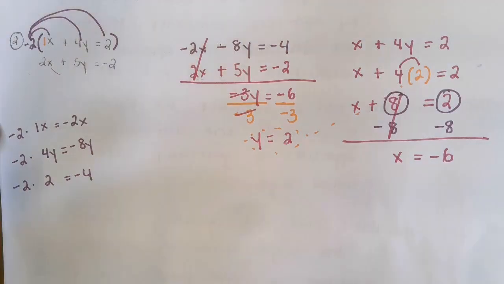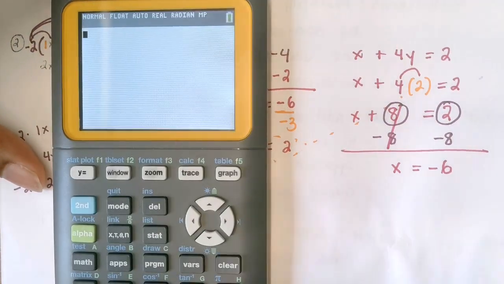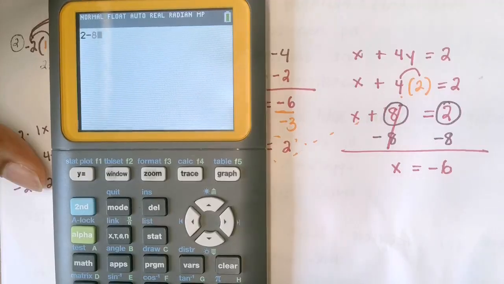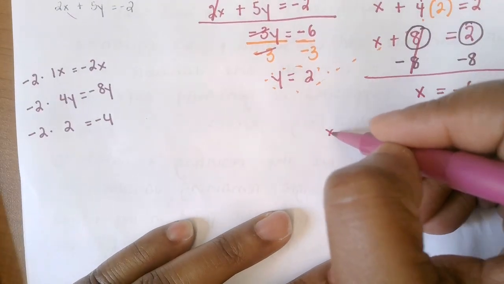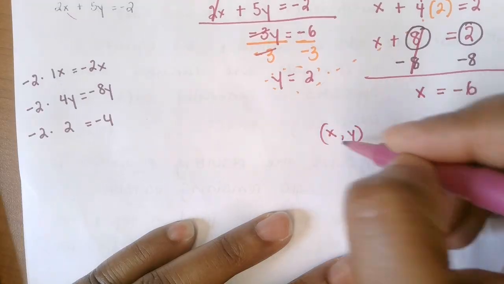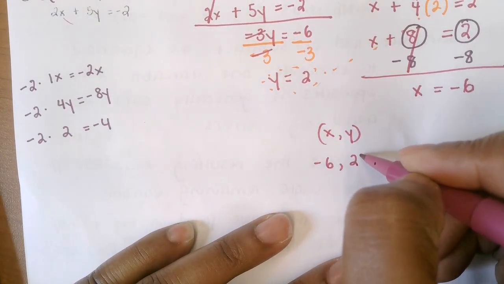Now, if I am not sure if it's negative 6, I'll grab my calculator. 2 minus 8 is negative 6. So my final answer will be x comma y, and x is negative 6 comma 2.